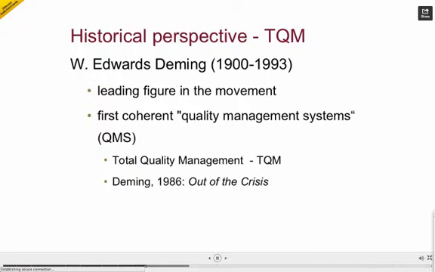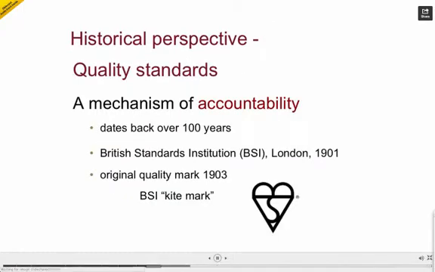There's also a twin track on this, which you might call quality standards, and mechanisms for accrediting that quality has been achieved, and therefore a mechanism of accountability. This also dates back a fair way.